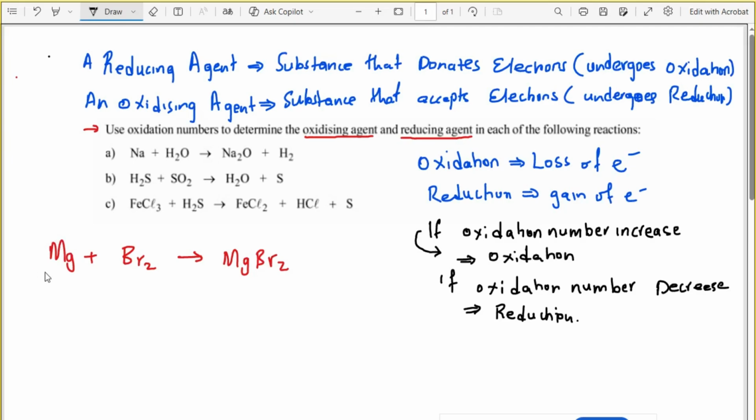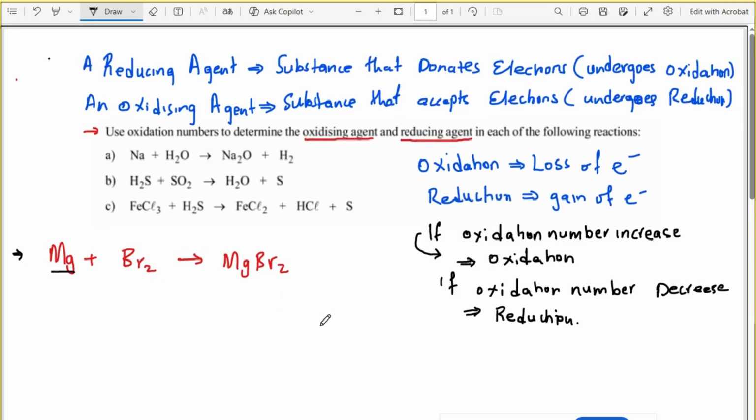Is it plus 2? Look at the equation. For this one, tell me what is the oxidation number for this one. Let's go back to the rules.